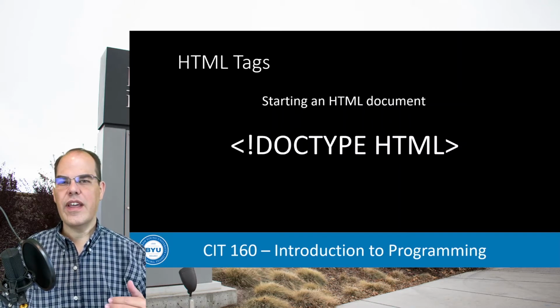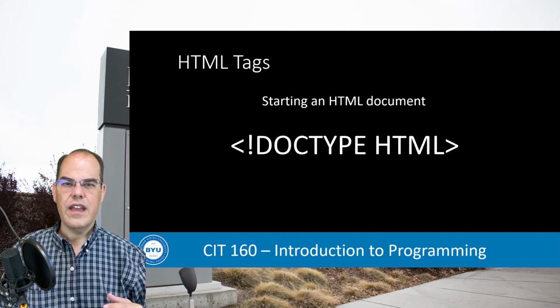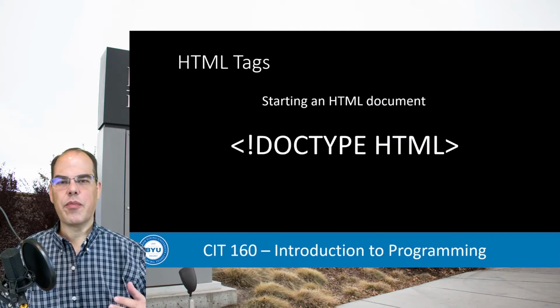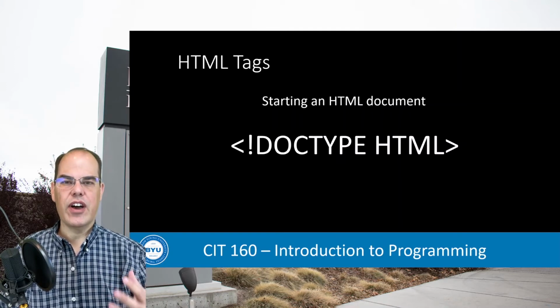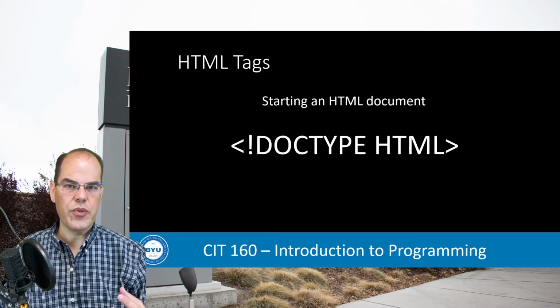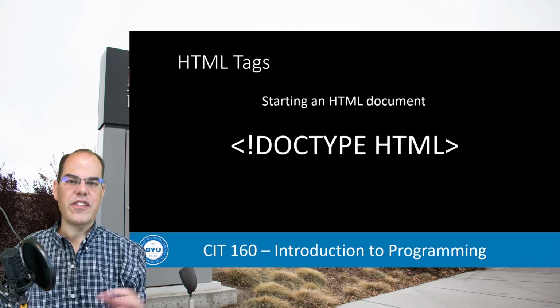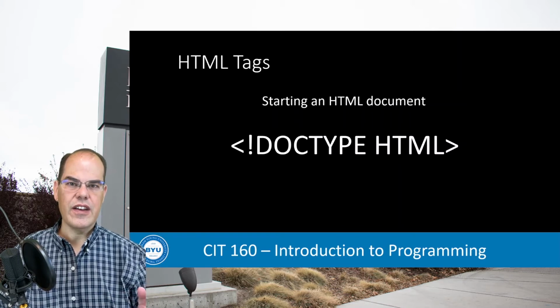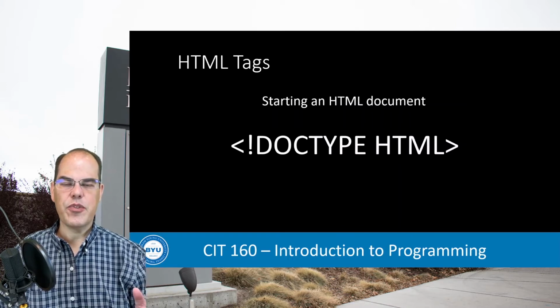And this is new in HTML version 5. What this does is it lets the browser know that this is an HTML5 document. Okay, and so the HTML version 5 rules apply to it. And so this is the first tag that every HTML5 document starts with. All right, so this should always be on your first line.